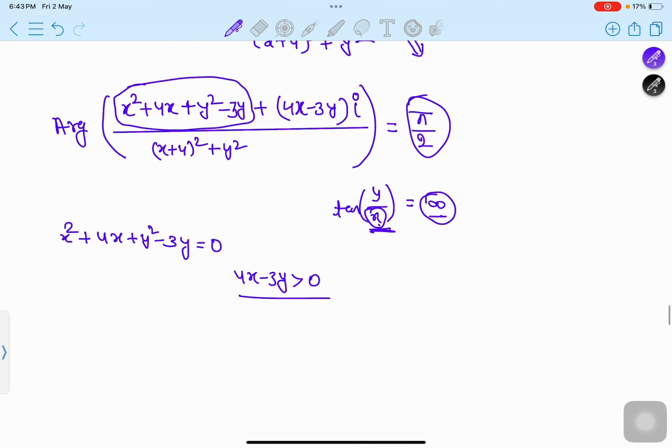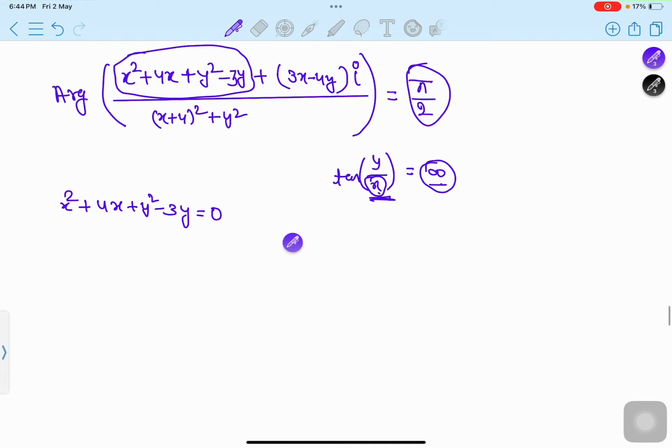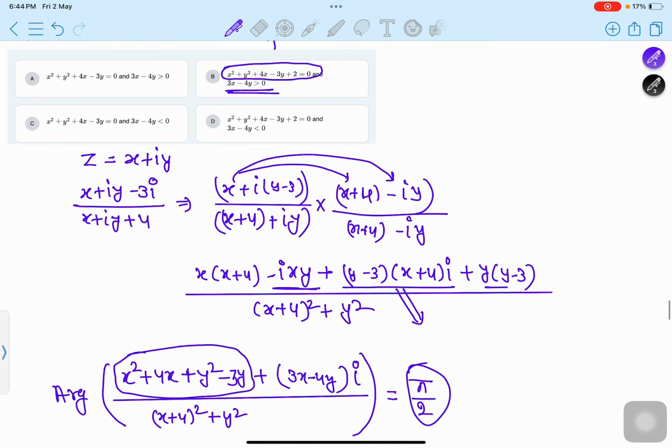So that time it is also 3x minus 4y greater than 0.